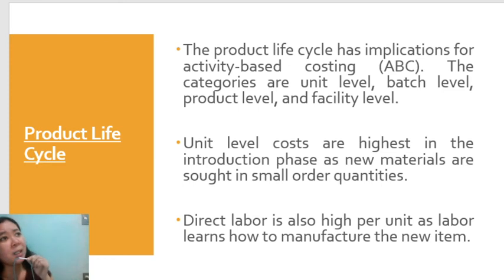So small order quantities means higher carrying costs and no discounts. Direct labor is also high because here labor learns how to manufacture the new item. So there is no learning process yet, or the learning process has just started.